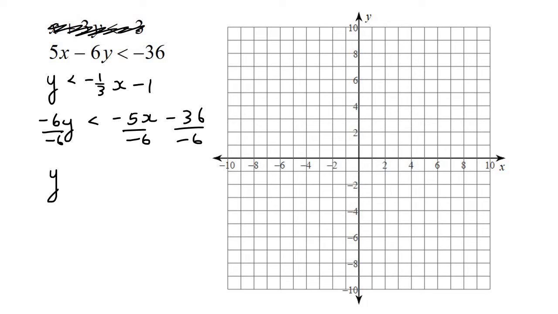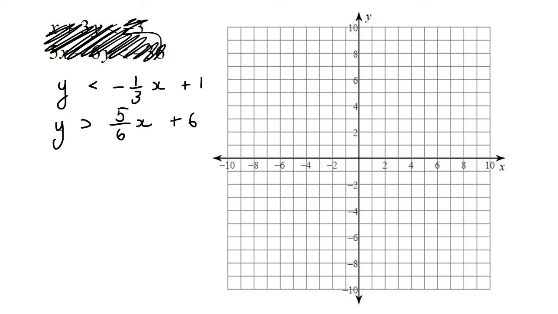So it's going to become this, then we're going to flip the inequality sign, and then these two negatives are going to cancel, so you're just going to end up with 5 over 6, and then this negative and this negative are going to cancel to become a positive, and then 36 divided by 6 is 6. And so there we have it.